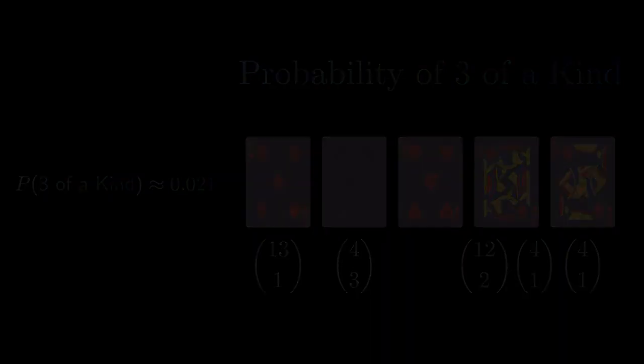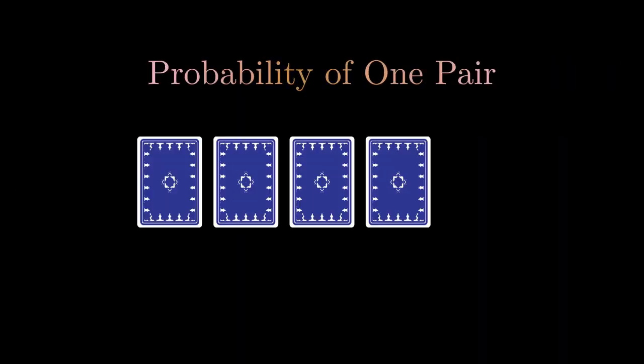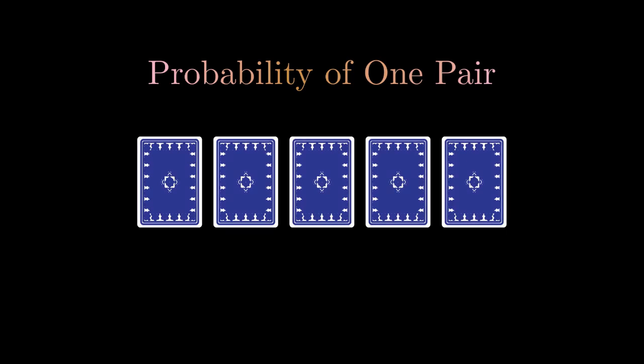Next one is the probability of 1 pair. Once you get into the swing of this, you see there's a lot of patterns here. And once you understand one hand, you can apply that to the others. All right, here's a hand with a pair.